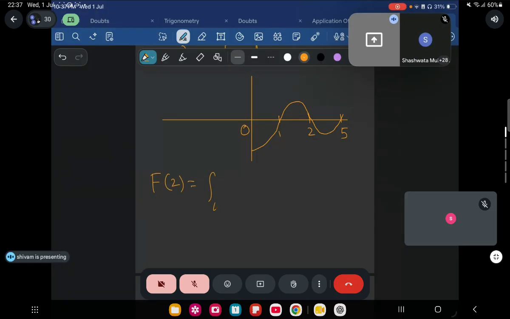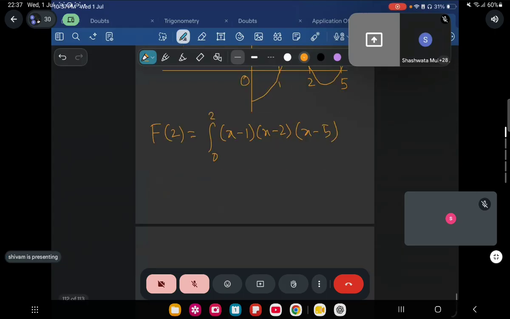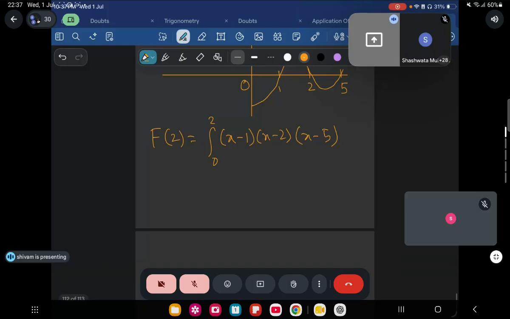F of 2 will be equal to integral from 0 to 2, t minus 1 into t minus 2 into t minus 5. So let us integrate 0 to 2. We'll get t cube minus 8t square plus 17t, and lastly minus 10.